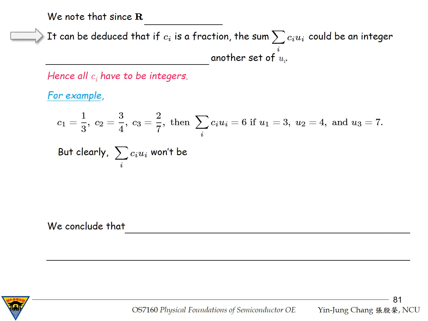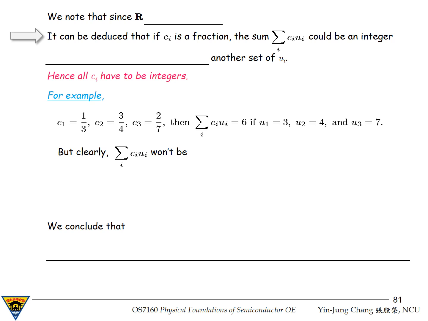Let's continue from the result at the end of the previous page, which is that the sum over i of c_i u_i, where i equals 1, 2, and 3, must be an integer for arbitrary integers u1, u2, and u3. Now we ask, what does this imply about the coefficients c1, c2, and c3? The answer is that each coefficient must itself be an integer.